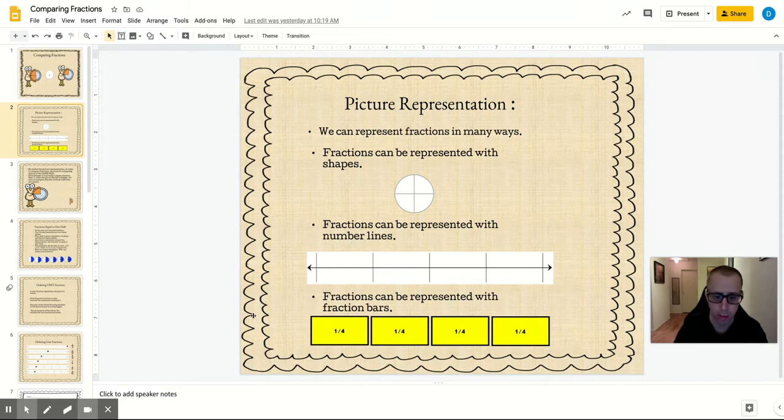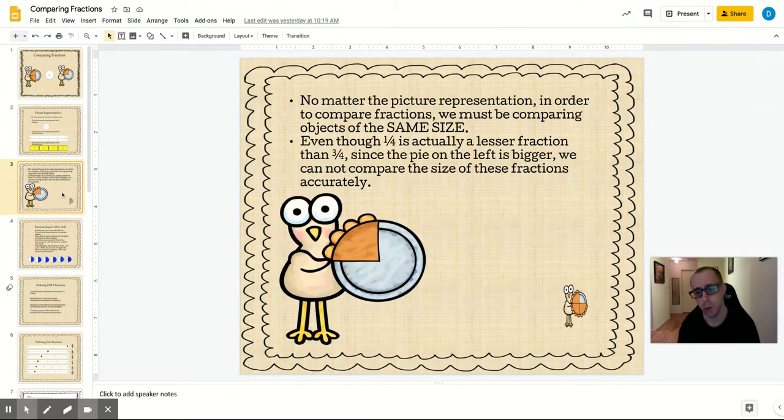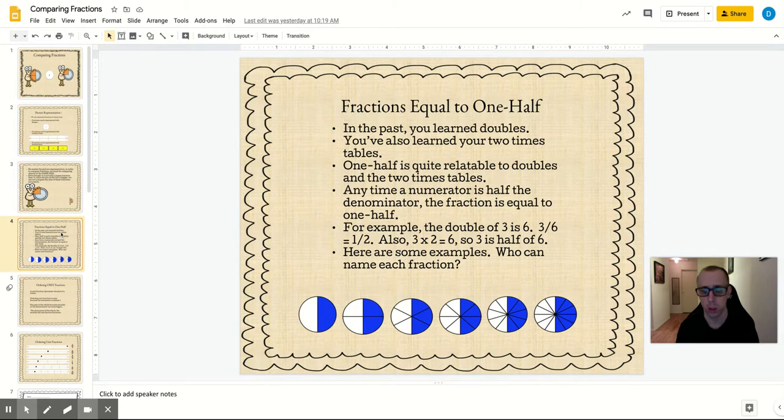So if you look down here, if we looked at this not as a fraction bar, but as 4 objects, one of those objects is 1/4. Again, remember when you're comparing fractions, the objects have to be the same size, same shape, they have to be identical. Like when we saw here, all these circles along the bottom are equal to each other, okay?